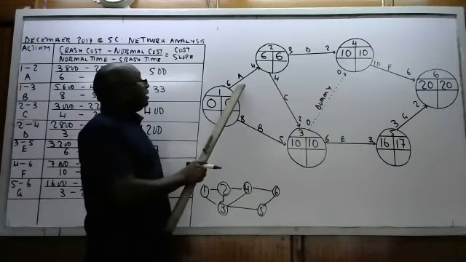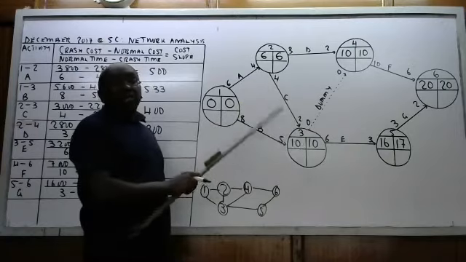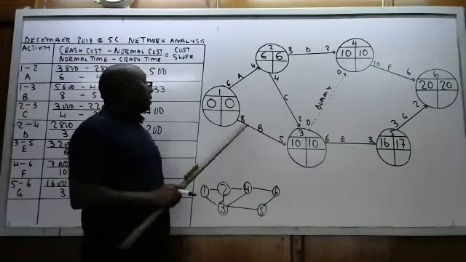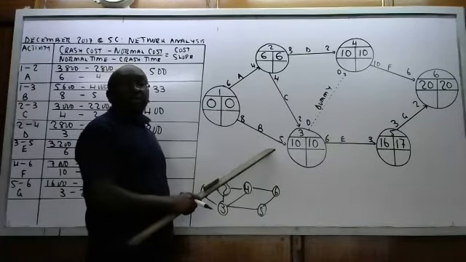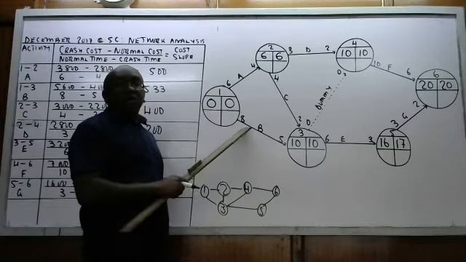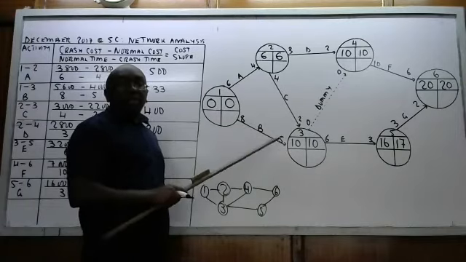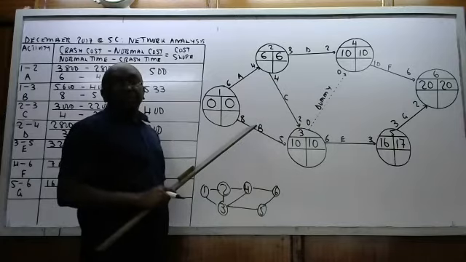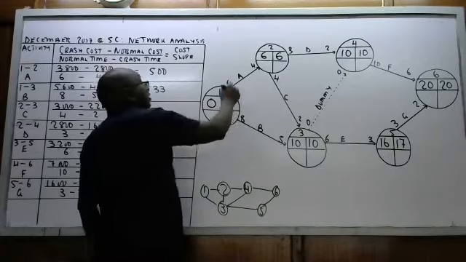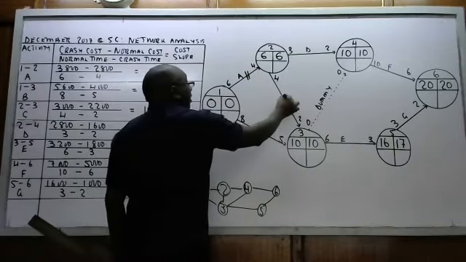If a person passes through A to C, the journey will take 6 plus 4, that is 10 days. But if a person took route B, it will take 8, and therefore 8 is shorter. So the shorter one is non-critical. The longer is the one which is critical. So the critical is A and C.